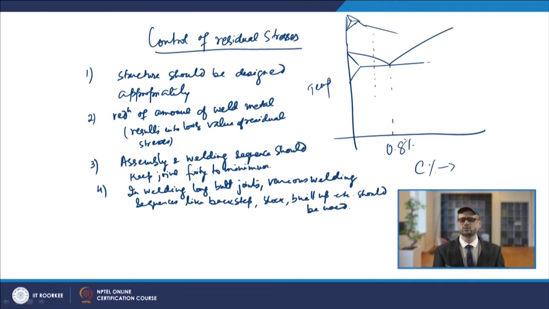This is done with the aim of reducing the residual stresses. We will also discuss the effect of residual stress, because it also leads to distortion of the workpiece. So, if residual stress is reduced, then the extent of distortion is also reduced.